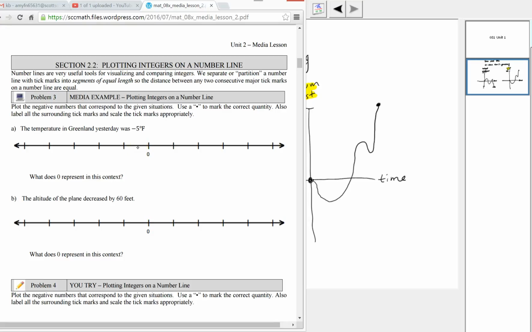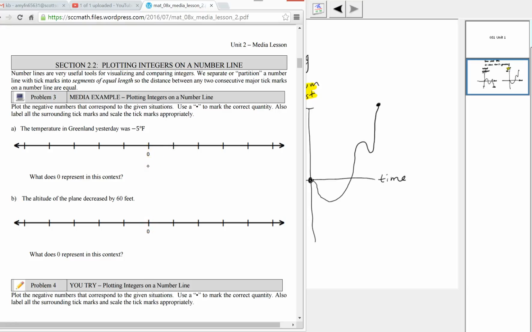Here, the altitude of the plane decreased by 60 feet, so this number line is going to represent the change in the altitude of the plane. Notice we'll make it negative 60 feet because it decreased by 60 feet. Okay. We ask what 0 represents. Here it represents 0 degrees Fahrenheit. Here 0 represents no change in the altitude of the plane.